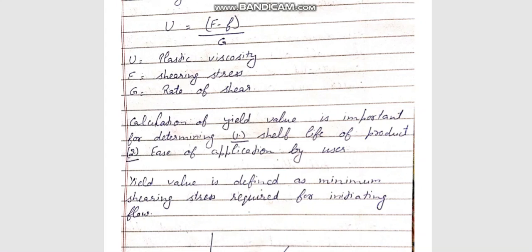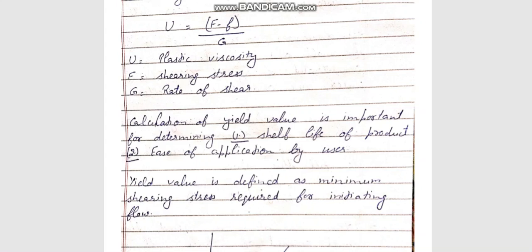For example, if the flocs are available as larger particles, then it is not convenient for the user to apply or take such a formulation. It will be convenient for the user only when the formulation is present in a small particle form.